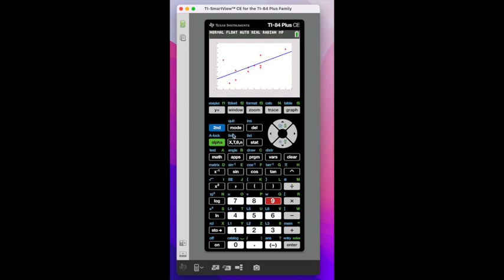So going back, let's walk through that one more time. So to do linear regression, once you have your X's and Y values into your list, you're going to hit the stat button. You're going to go over to calculate and you're going to choose option number 4. You're going to put in your L1 and your L2 or whatever values you have your list.